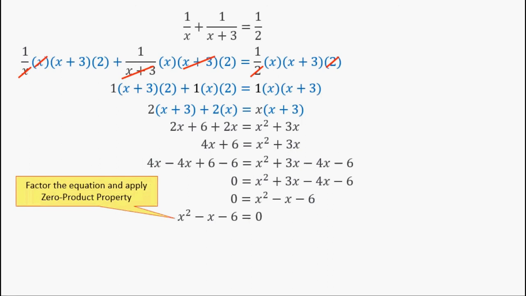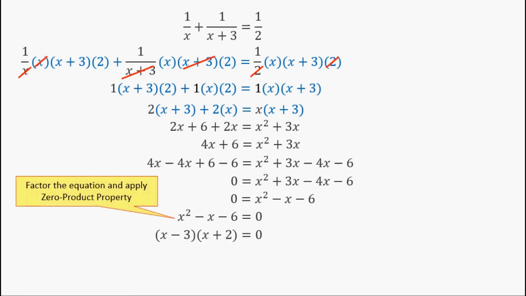Next step is to solve the resulting quadratic equation using any methods of solving quadratic equations. Again, you can use the quadratic formula para mas madali since alam na naman natin ang values ng a, b, at c. But in this example, we will apply the factoring method to solve for its roots. So, we factor the equation and apply the zero product property.